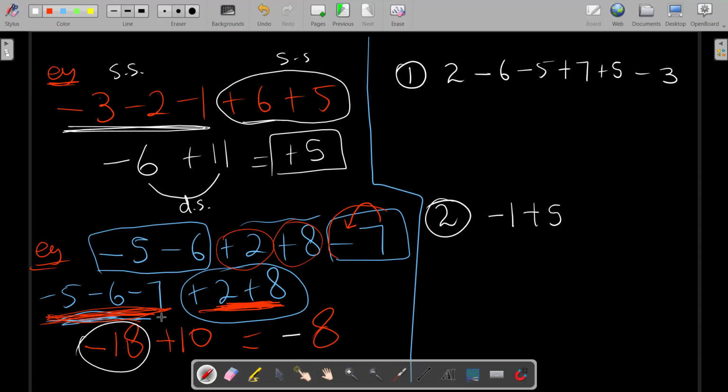Like one fighting the other, so you have to take away. And you keep the sign of the one that's winning. So in this case, the positive term is winning, so you put the positive in the answer. In this case, the negative term is winning, so you keep the negative in the answer. If a term is a first term and doesn't have a sign, this number is understood to be positive. All right. No problem.